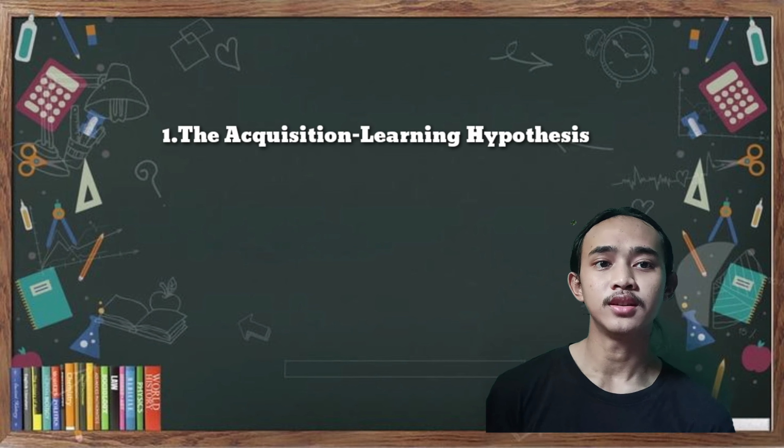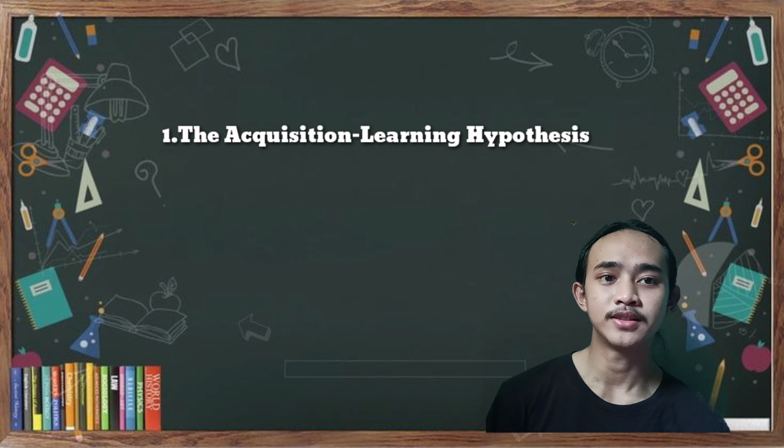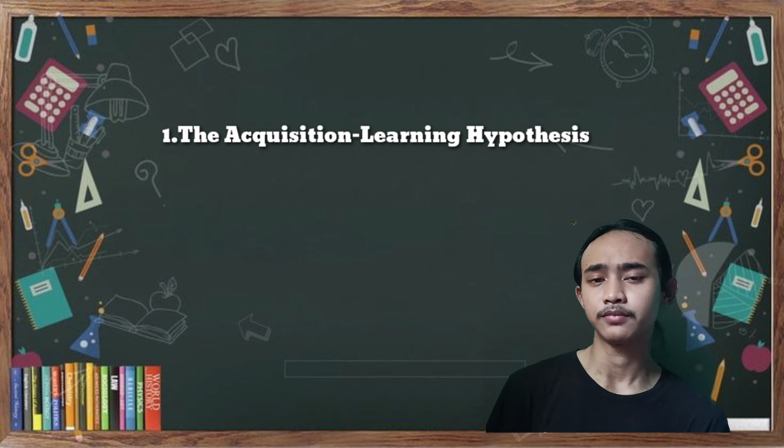Language acquisition is a natural way to develop linguistic abilities and is a subconscious process. Children, for example, are not necessarily aware that they have acquired language. They are only aware that they are communicating.